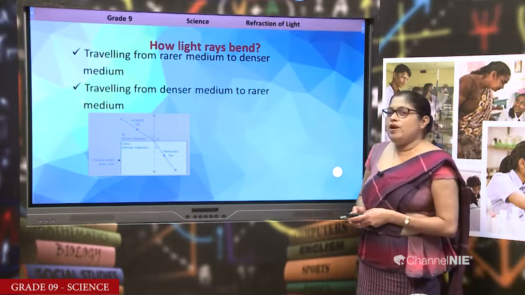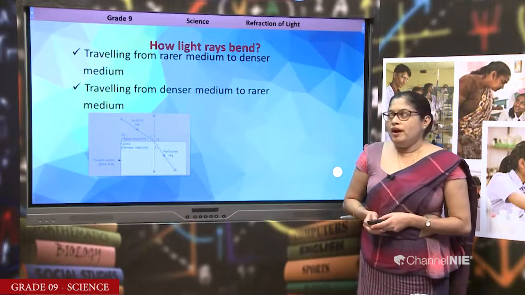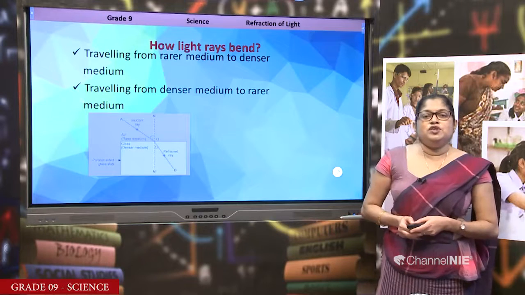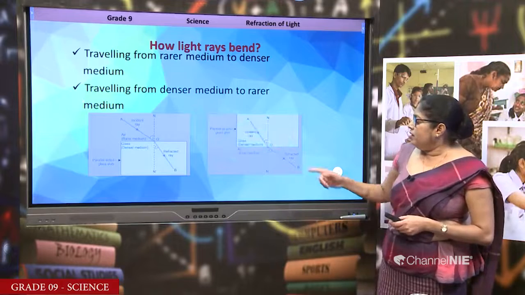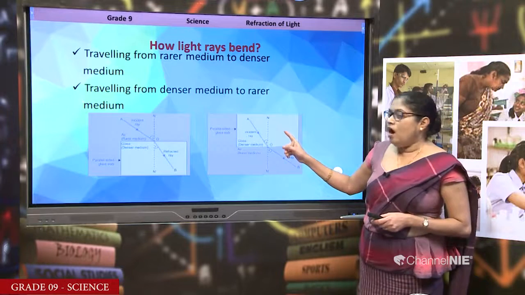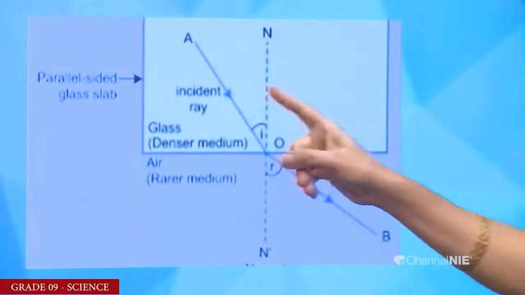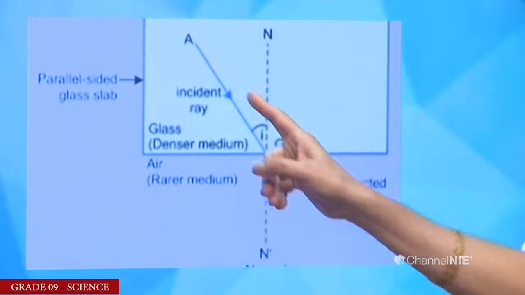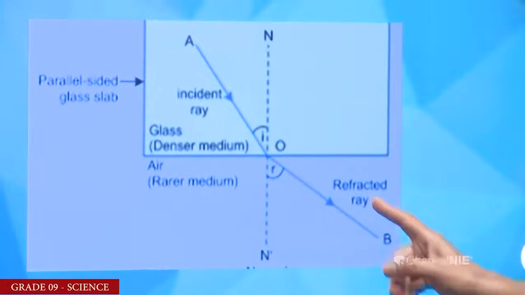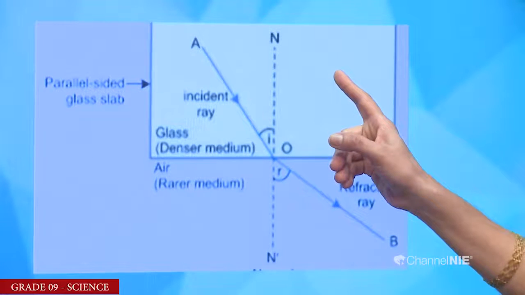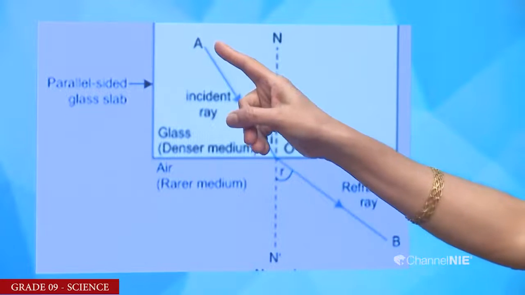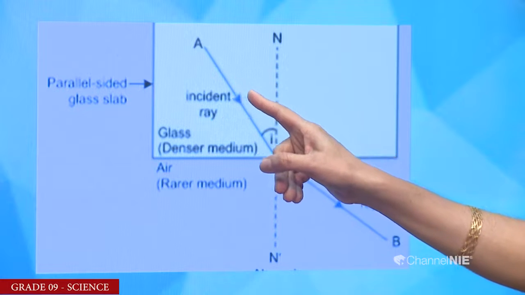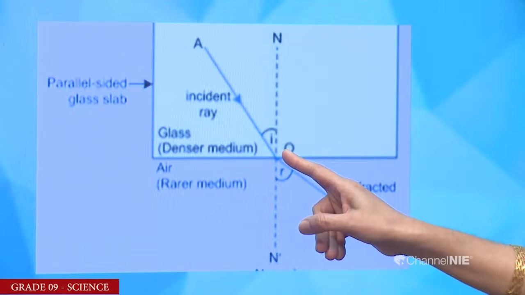Let us see how light rays are travelling from a denser medium to a rarer medium. This diagram shows how a light ray is travelling from a denser medium to a rarer medium. Glass is the denser medium here and air is the rarer medium. This is the ray that is coming from the denser medium.